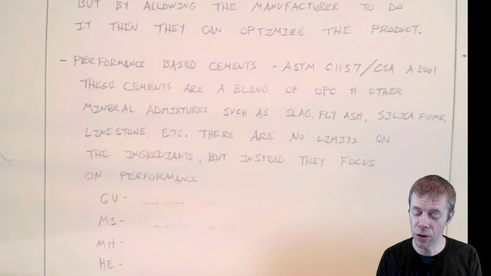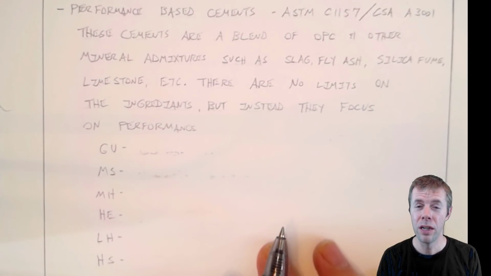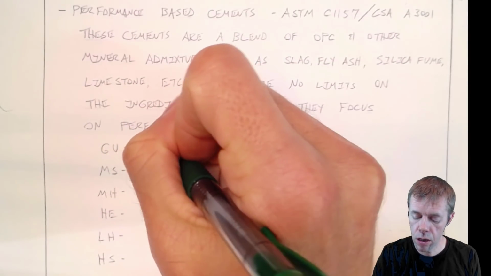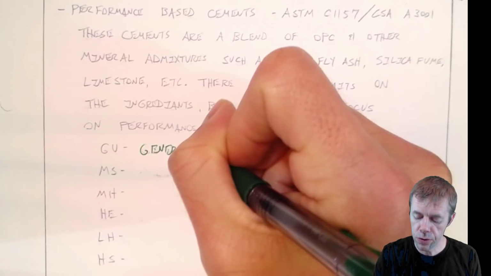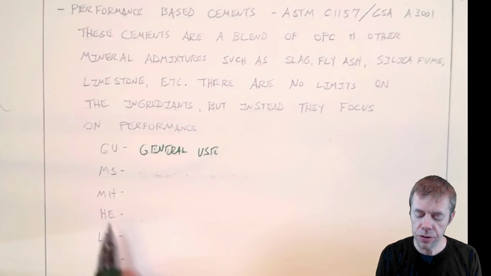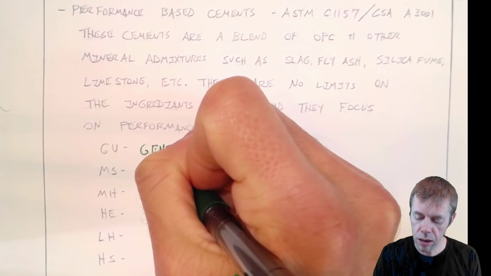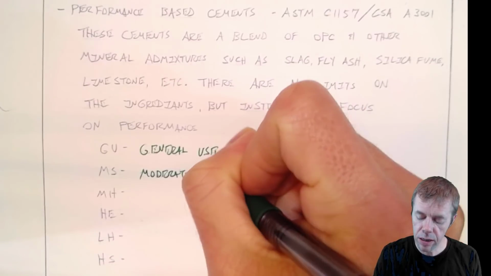And they have different categories. And the different categories you're going to notice kind of follow the ASTM C150. For example, GU, that stands for what? General use. MS, that's called out as moderate sulfate.